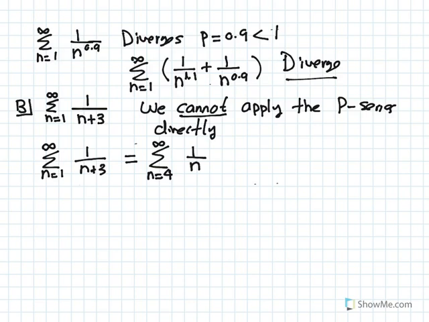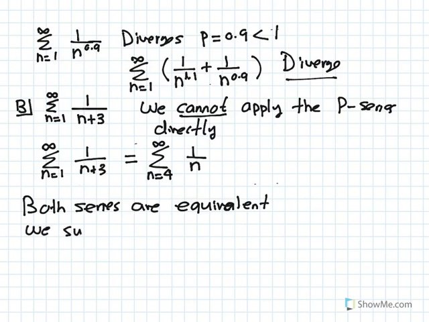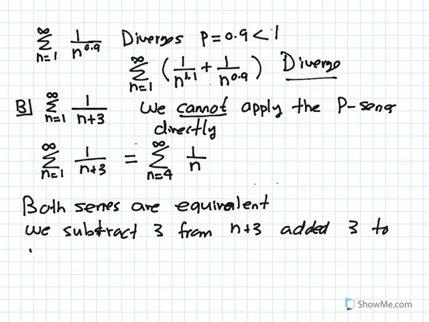So both series are equivalent. And we made them equivalent because we subtracted 3 from n plus 3, and we added 3 to the index n equals 1 to compensate.